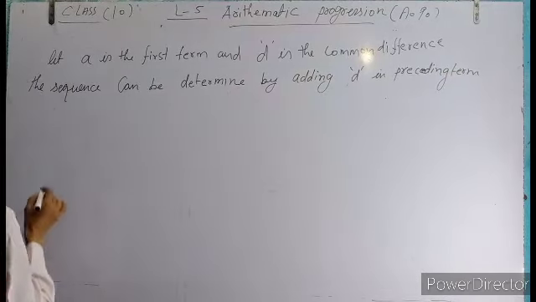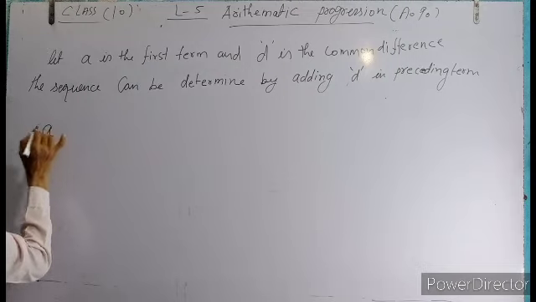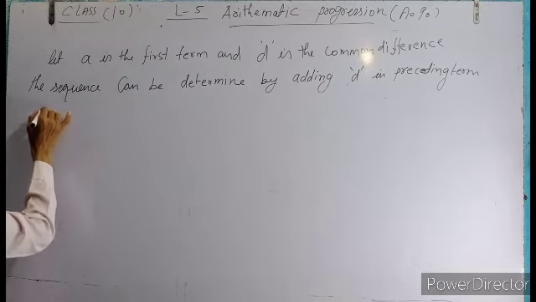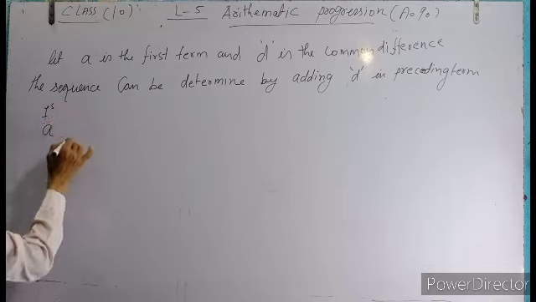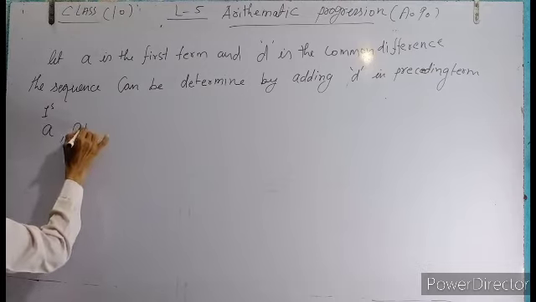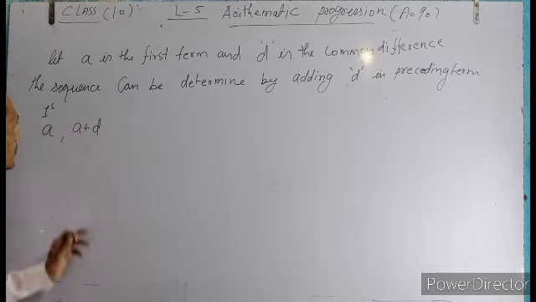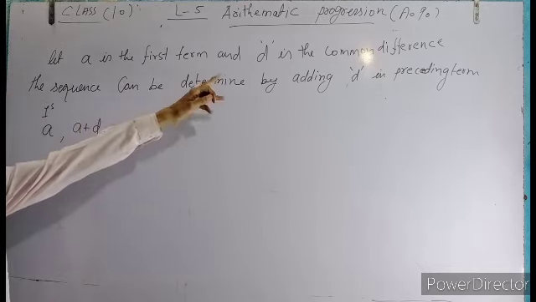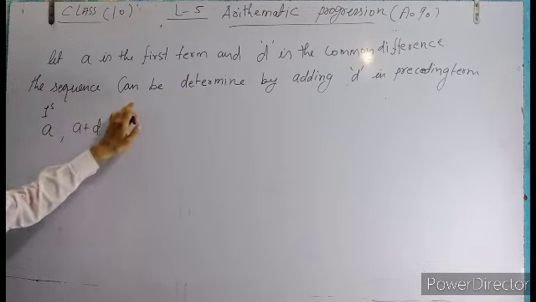Suppose you are given the first term A. So how can we get the second term?